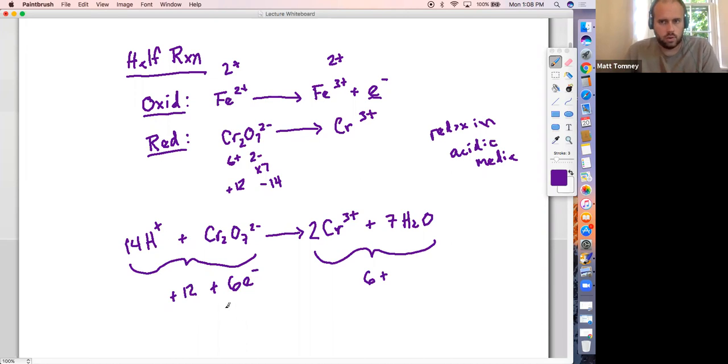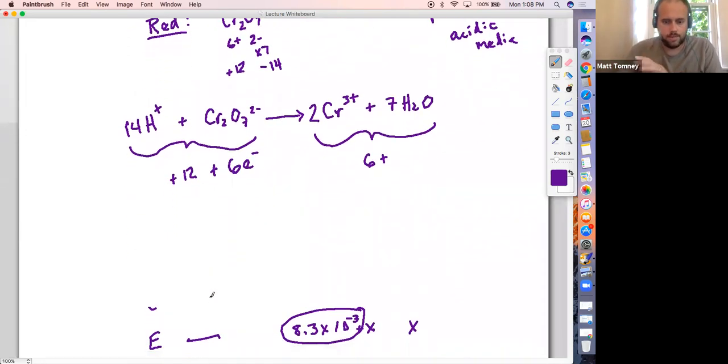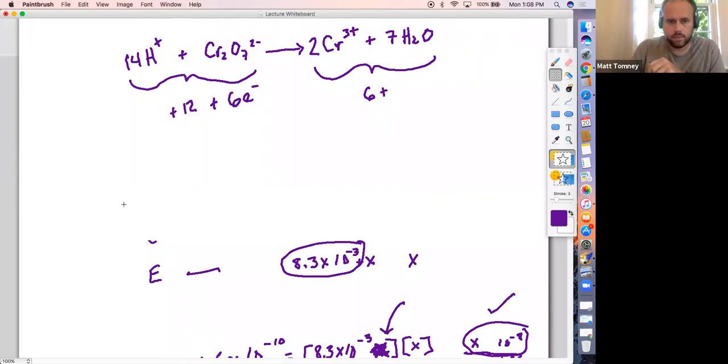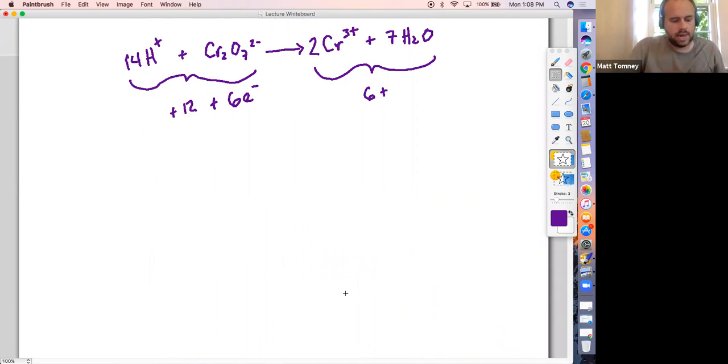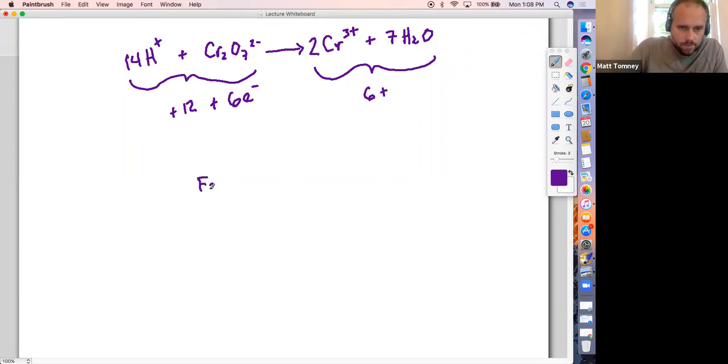All right. So let me clear this down here, left over from the common ion. Now we're going to set it up so that we combine the whole reaction back together. To start, I'm going to take the oxidation, which we said would be iron 2 plus going to iron 3 plus and an electron.